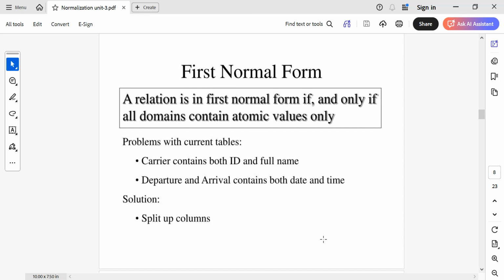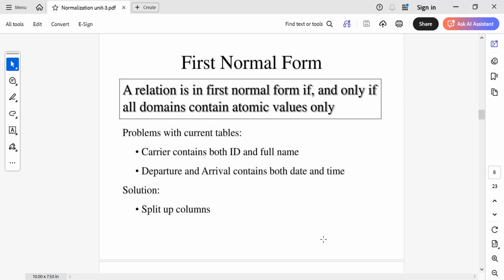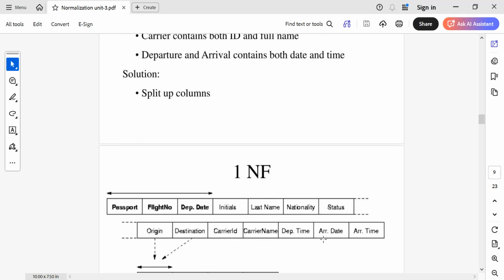What is the need of normalization? Eliminating the redundancy. Redundancy means repeated values in a table. So what is first normal form? Keep it in your mind: first normal form means atomic values. We will see an example.